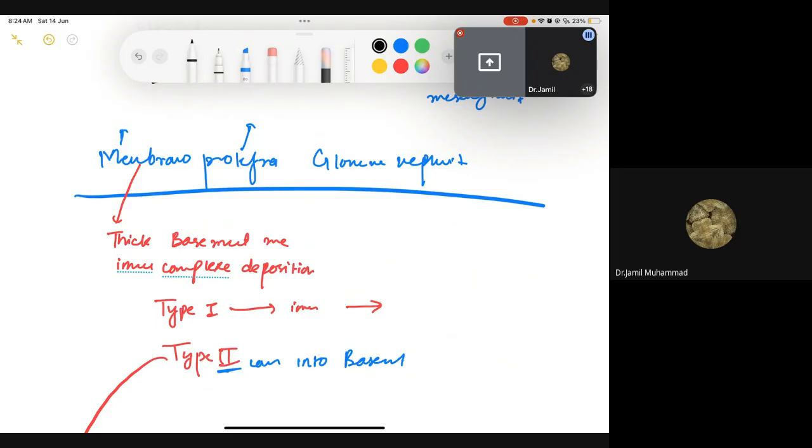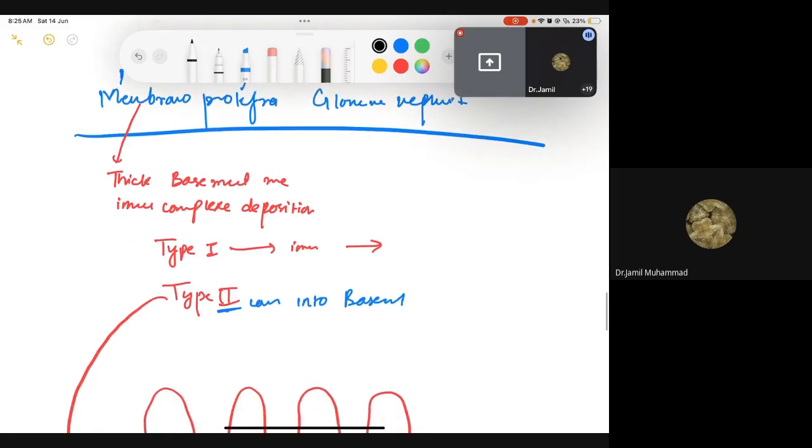This is due to the deposition of the immune complex, maybe inside the endothelium, and sometimes into the basal membrane. There are two types depending upon this deposition of the immune complex. In type 1, these immune complexes are deposited on the vascular side, the subendothelial.